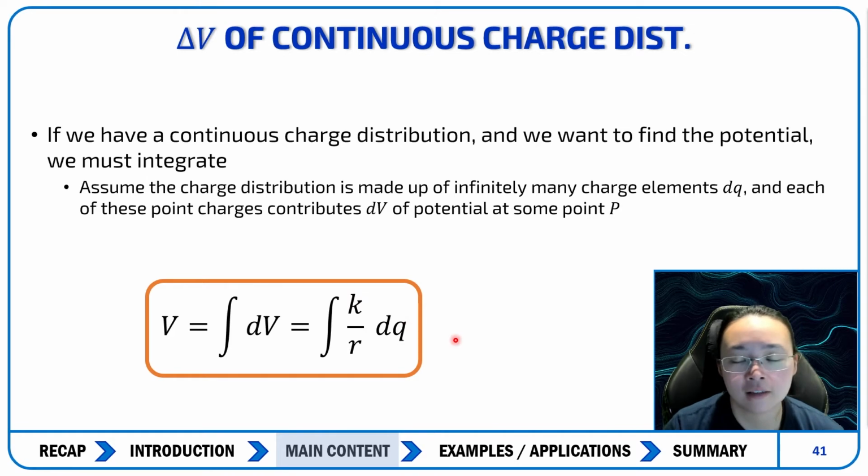Once again, similar to calculating an electric field, we do have to calculate dq first, and then we can factor out the k, anything that dq is defined as that isn't dependent upon r, and then we integrate to solve for the potential. So we're going to try that with a few practice problems.